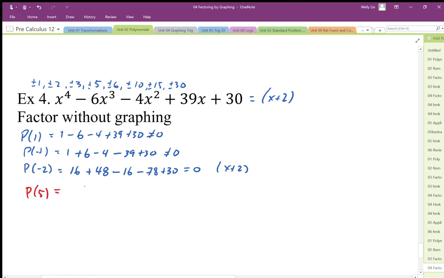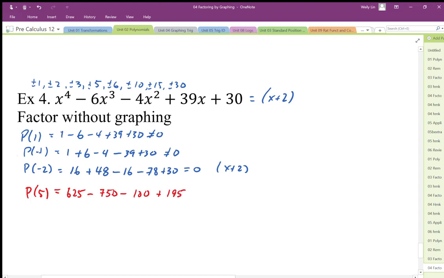Okay, so when I test positive 5, I'm going to end up with 625 minus 6 times 125, which is 750. So 750 minus 100, which is 25 times 4, plus 39 times 5, that's going to be 195.